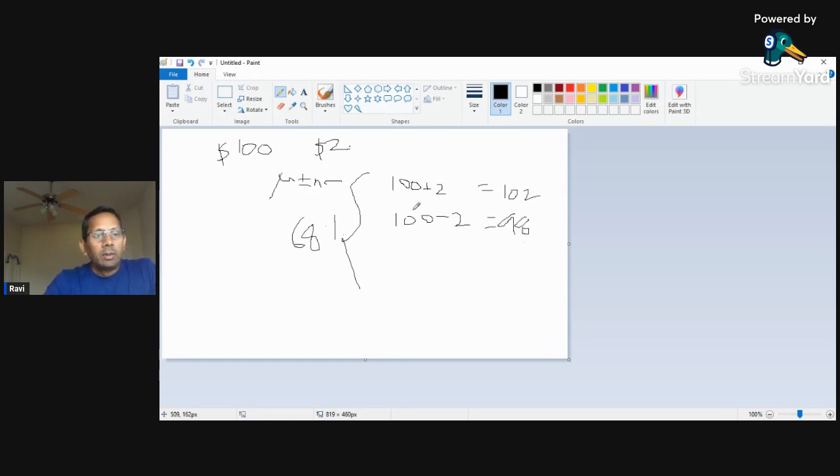In a similar way, if I go with the next in the sequence, if n is equal to 2, that is 100 plus and minus n times sigma, where n is 2 and sigma is 2.